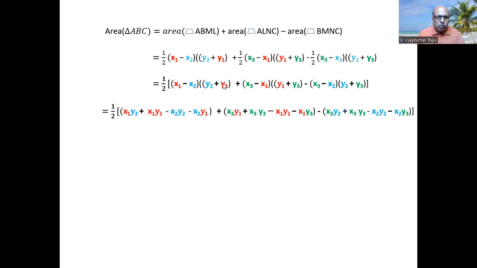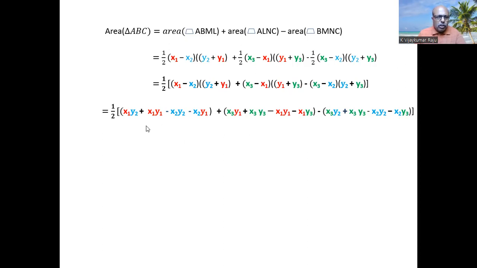First plus minus is minus. First bracket over. Now next x3 y1 plus x3 y3 minus x1 y1 minus plus is minus x1 y3, minus x3 y2 plus x3 y3 minus x2 y2 minus x2 y3.